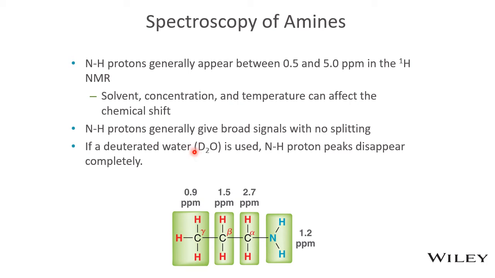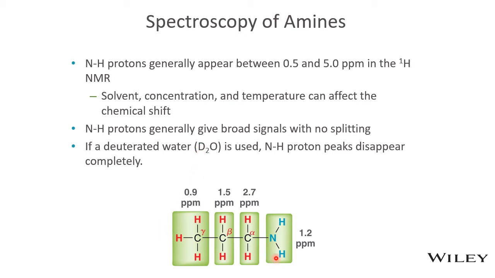So after enough of the exchanges, and we have a bunch of ND bonds, the proton peaks will actually disappear completely. And that's because any atom attached to the nitrogen which is in its deuterium isotope is not going to be detected.